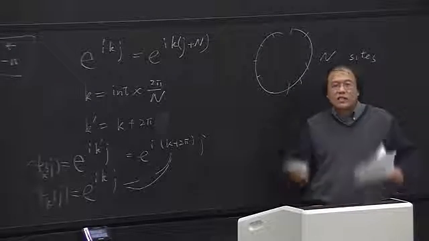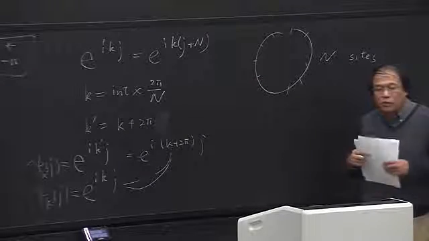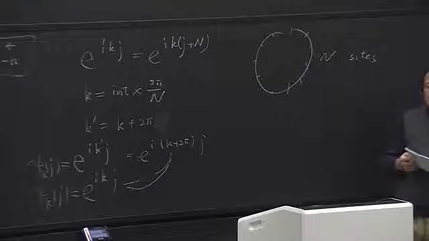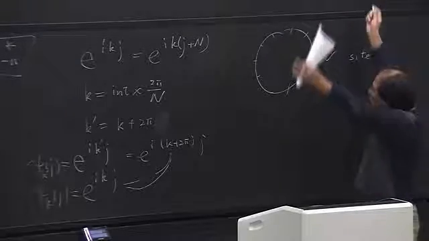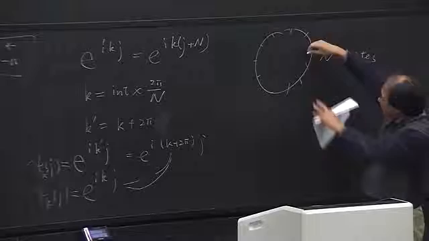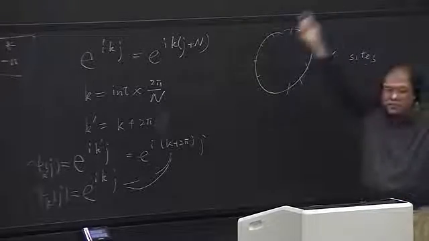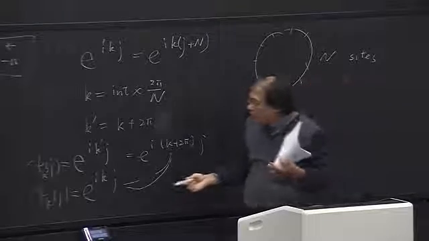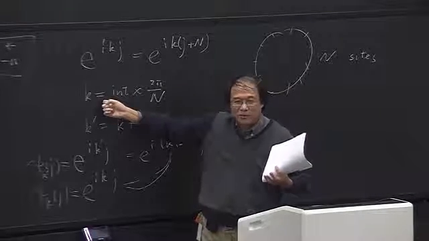Okay, so this, I think last week you already saw this. This gives you the notion of the Brillouin zone. So two things: the whole space is compact. We get a big circle with n sites. This compactness of the space tells us that k is quantized. k cannot have arbitrary value.